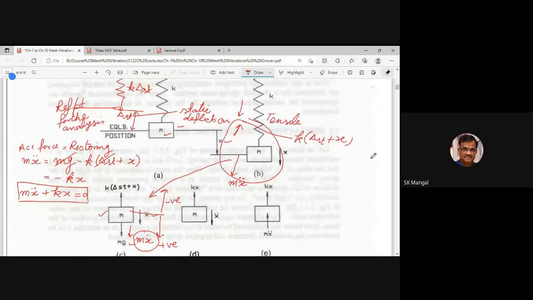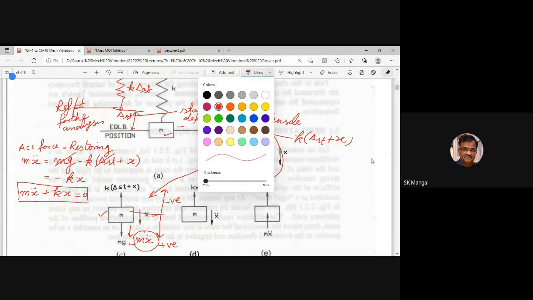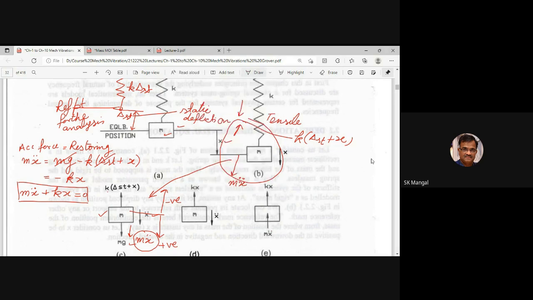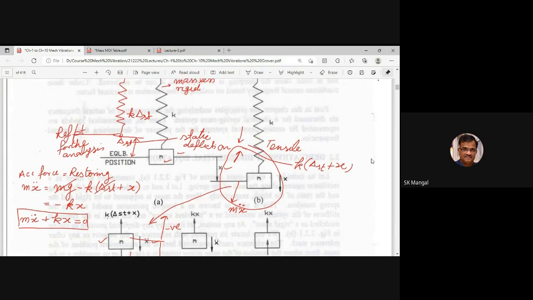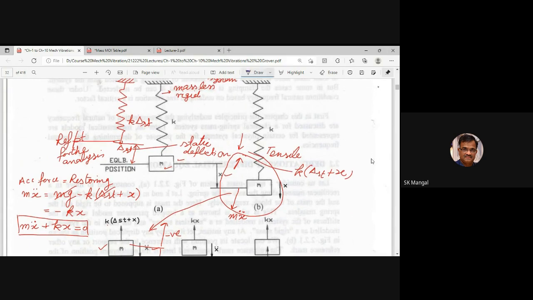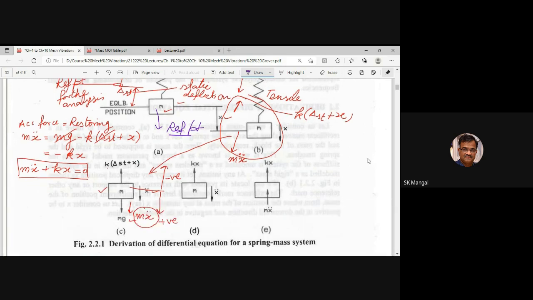Now if I consider this as my other reference point, then for this reference point you will be having only the spring force, which is nothing but kx, and your accelerating force will be nothing but mx double dot.